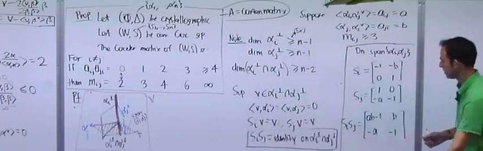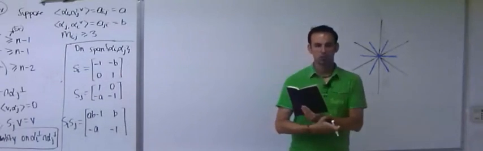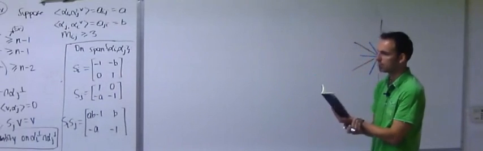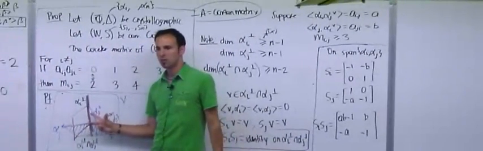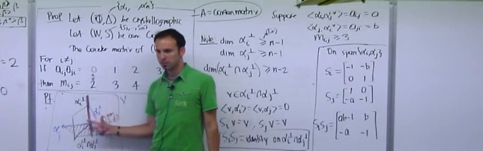So now what? Let's figure out what the eigenvalues of this SiSj are. Well, first of all, here we have an n minus 2 dimensional plane that is fixed by SiSj. So I can just pick a basis for that n minus 2 dimensional thing, and I get n minus 2 linearly independent vectors which are fixed by SiSj.